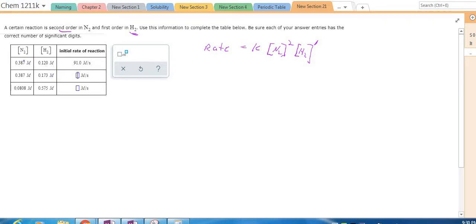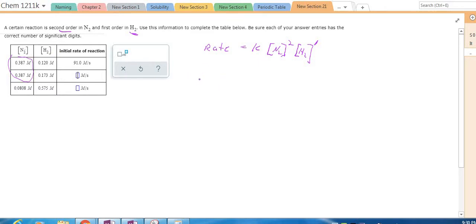So let's look at this first one. It says here that nitrogen is held constant right here, whereas hydrogen then is increased to 0.173 molar. So what we can do then is take the concentration of H2, since nitrogen doesn't change.